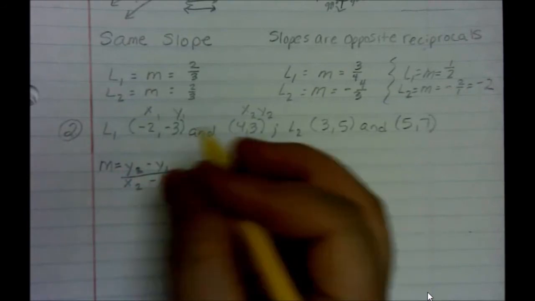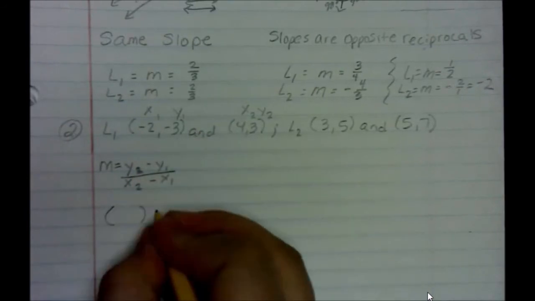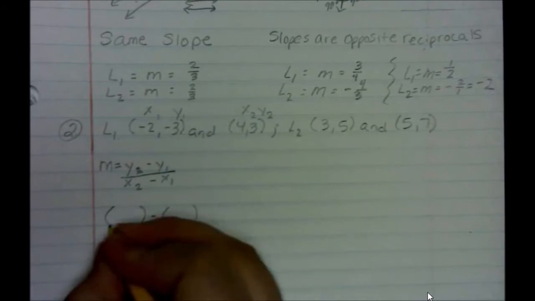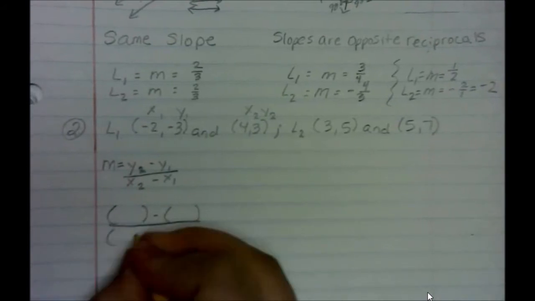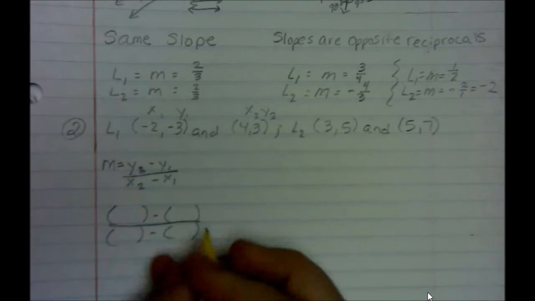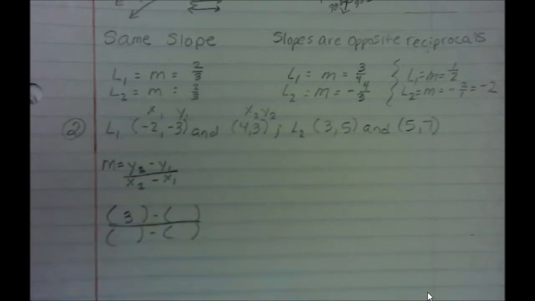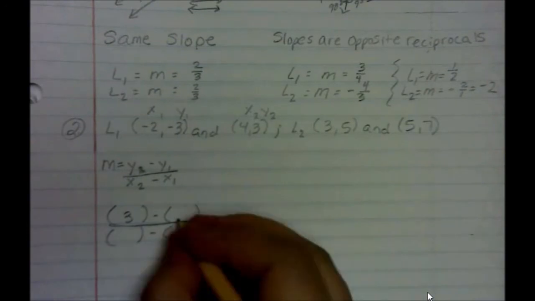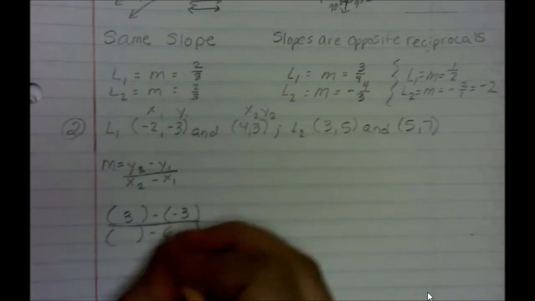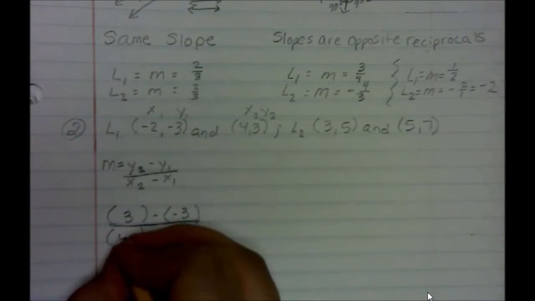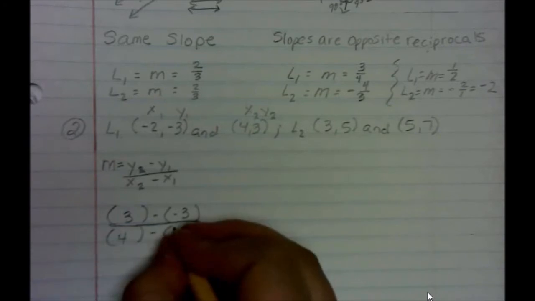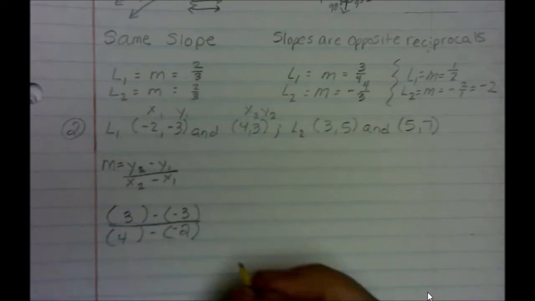So I'm going to write my parentheses just as we did in that section. So y2 was 3, y1 was -3, x2 was 4, x1 was -2.